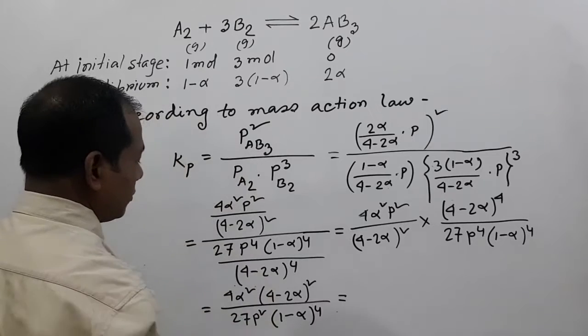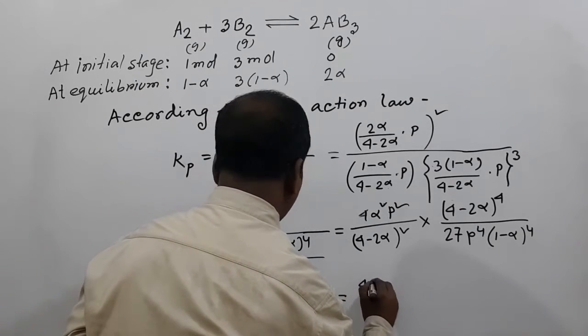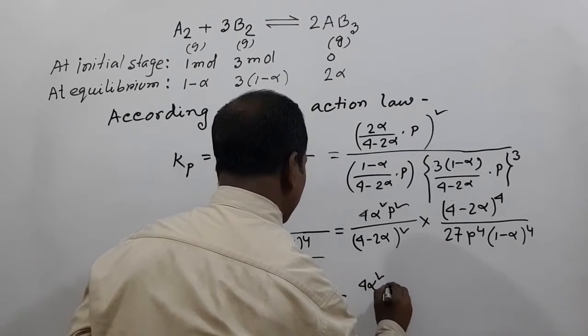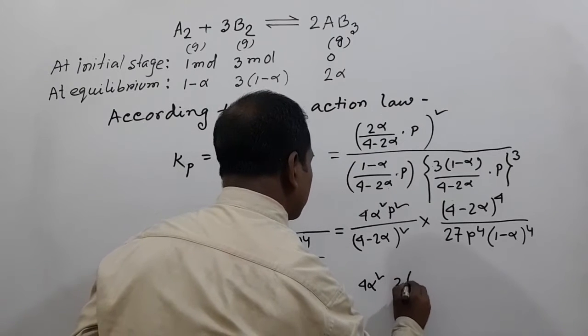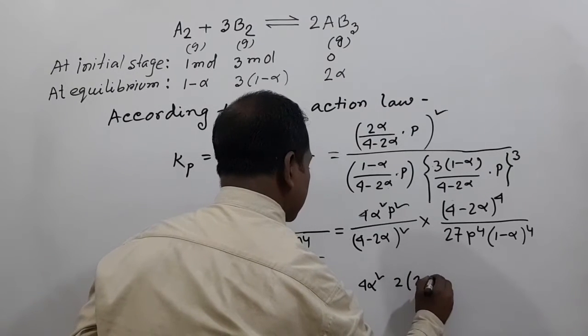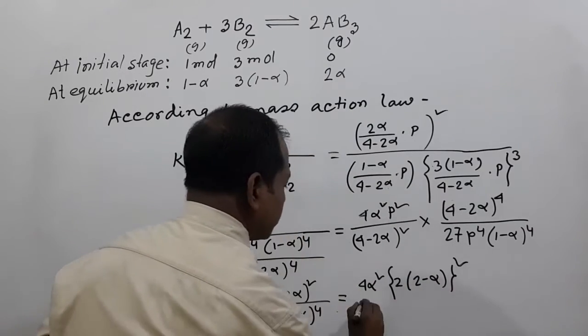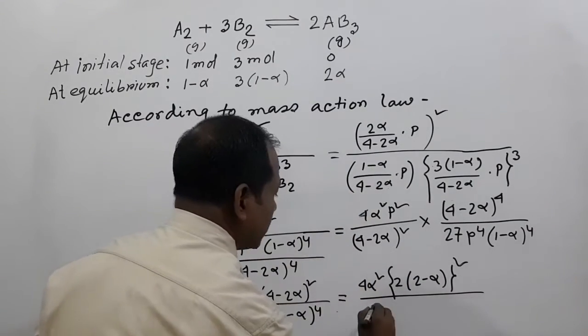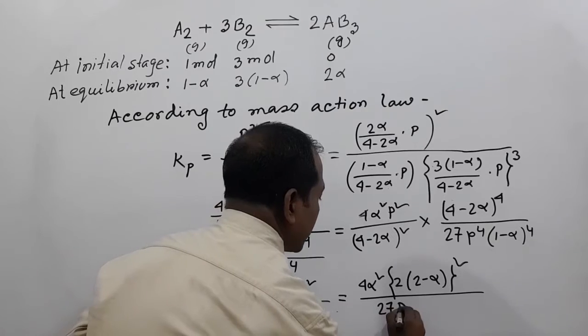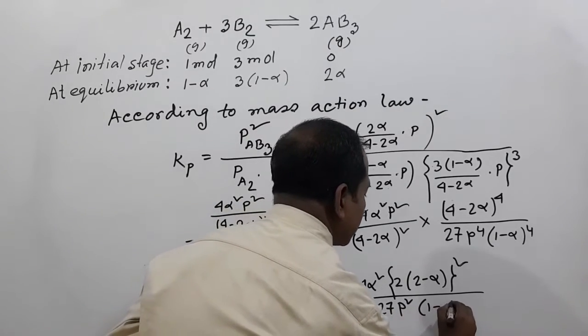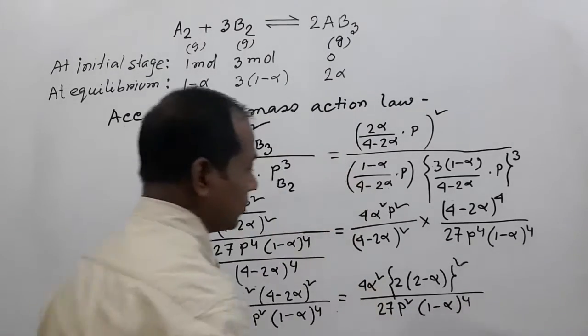Here 2 is common, so 4 alpha square (2 minus alpha) whole square divided by 27 P square (1 minus alpha) whole to the power 4.